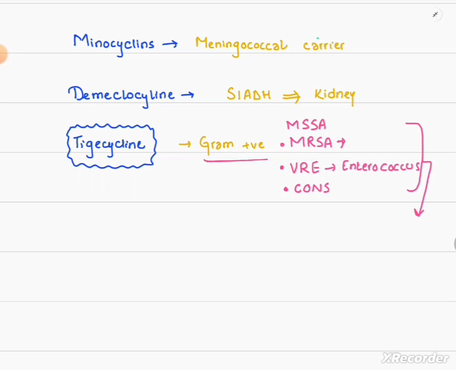So it is used for the treatment of gram positive bacteria as well as gram negative bacteria. So it has a very broad spectrum. It covers all the Enterobacteriaceae, which includes E. coli and Klebsiella. It also covers Acinetobacter.